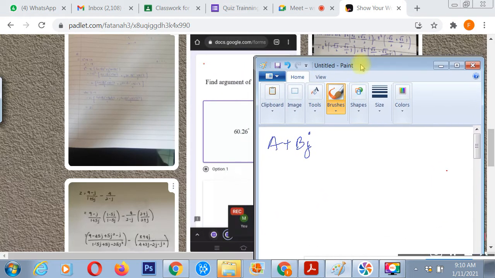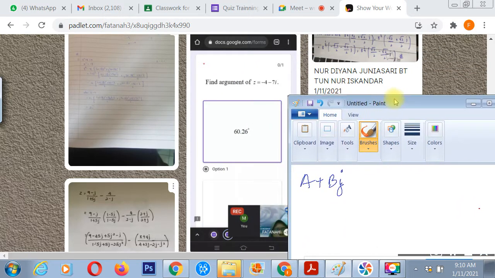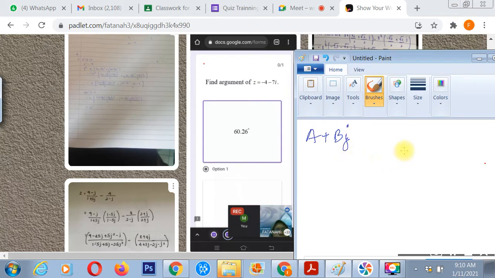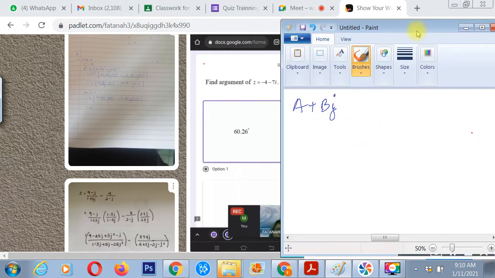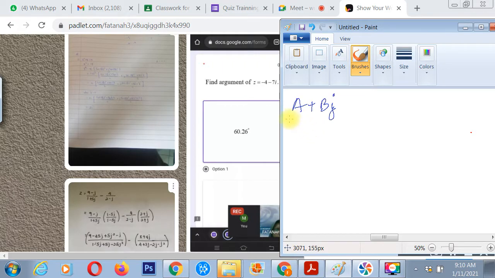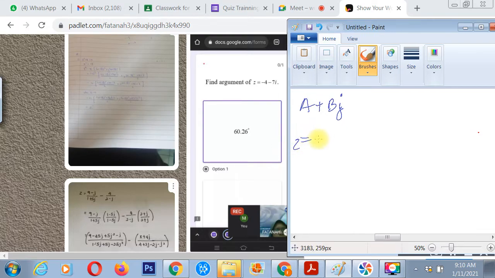I already asked the writer to change to i, because j is quite difficult, because in the whole world we use i actually, not j. We should have a standard symbol for the textbook. Alright, so now find the argument of z, we have z equals -4 - 7j, this is i, j, whatever.